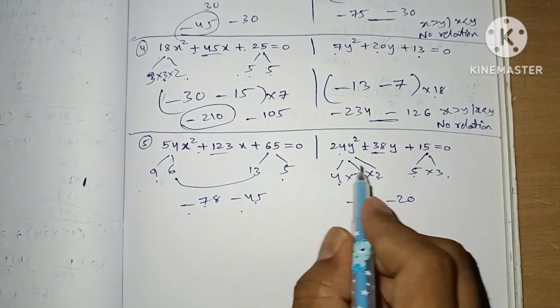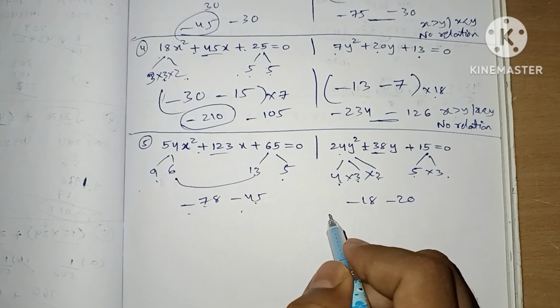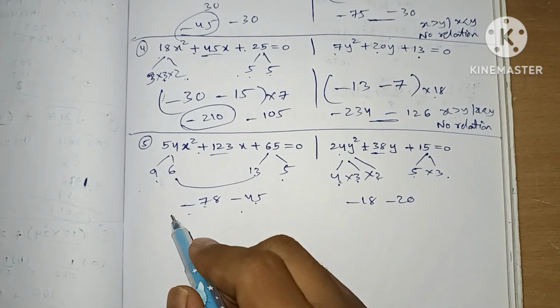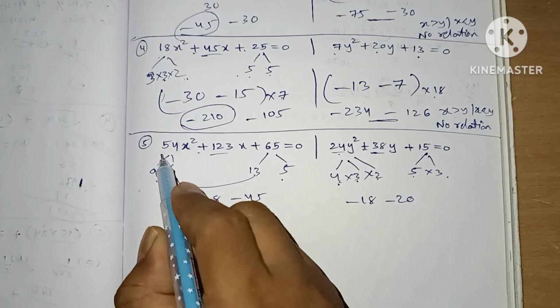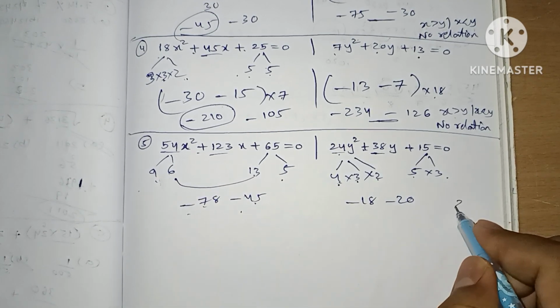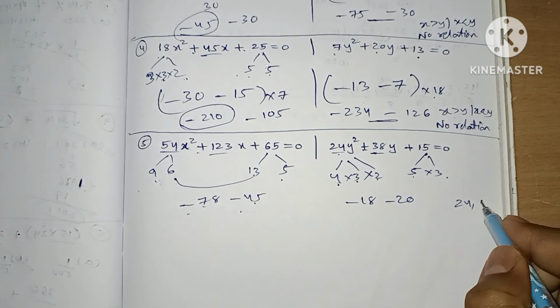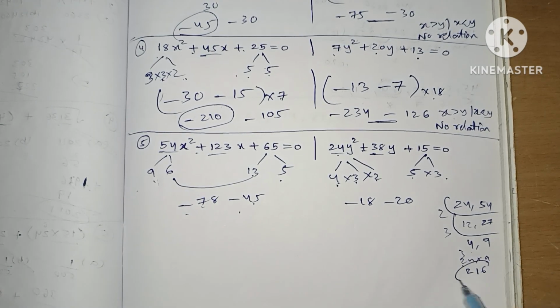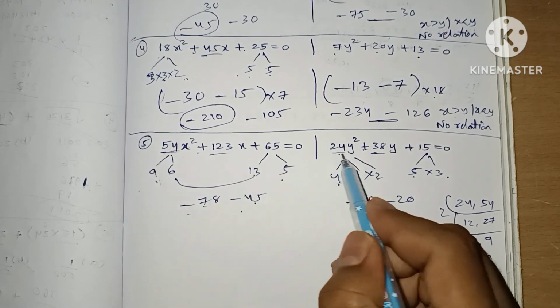So to make the base equal, multiplying with the original bases is difficult, so we'll take the LCM for those two. 54 and 24, we got 216 as the LCM for 54 and 24.